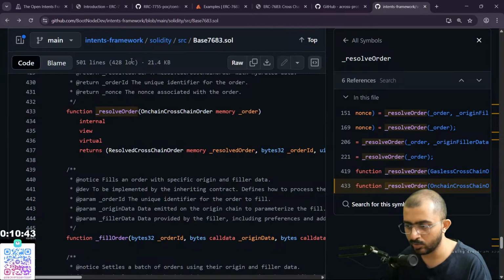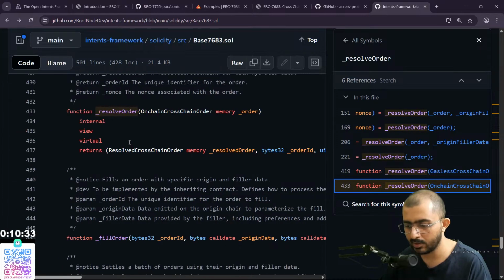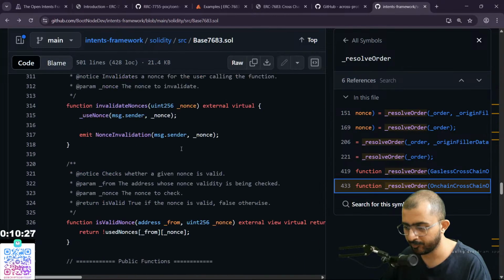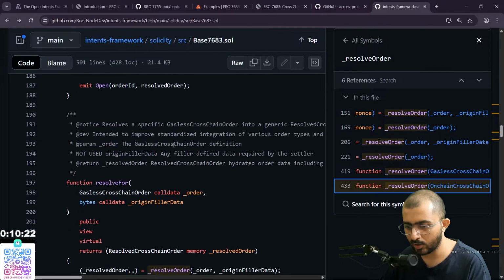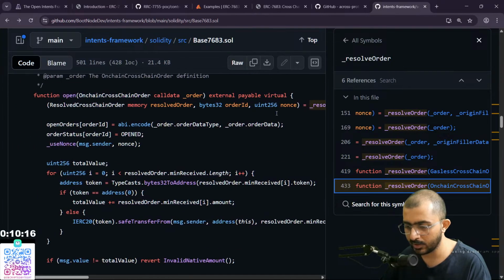No, I don't want that. Oh, I guess we have to implement it and generate the ID. So I guess you understood what I wanted to say. We have to implement this, and that returns the order ID and this struct, whatever this is. Okay, so we can create it.